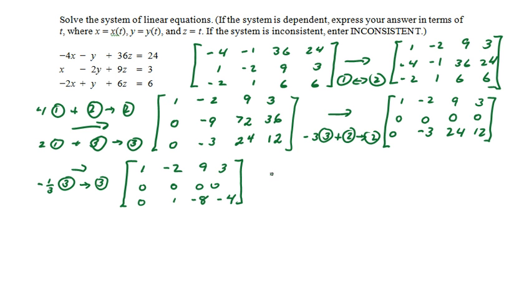We can then interchange row 2 and 3 to get 1, negative 2, 9, 3; 0, 1, negative 8, negative 4; 0, 0, 0, 0.